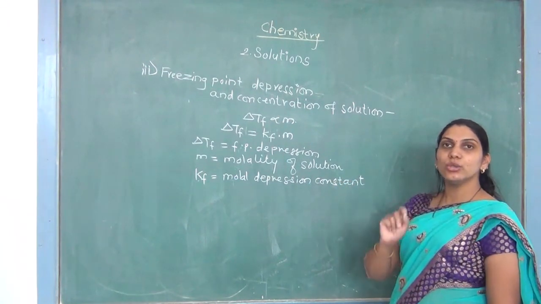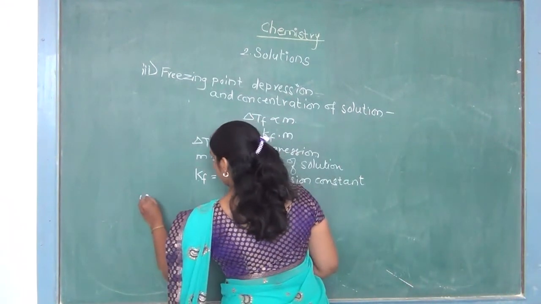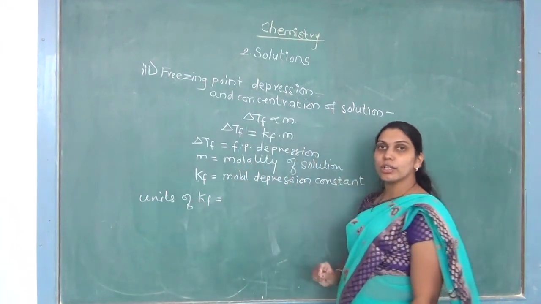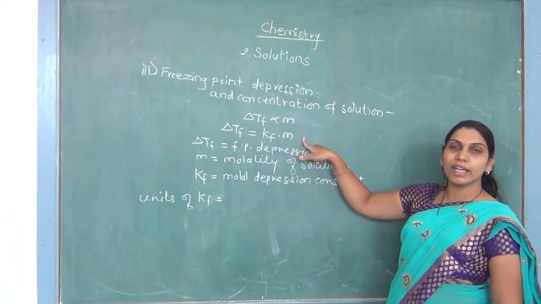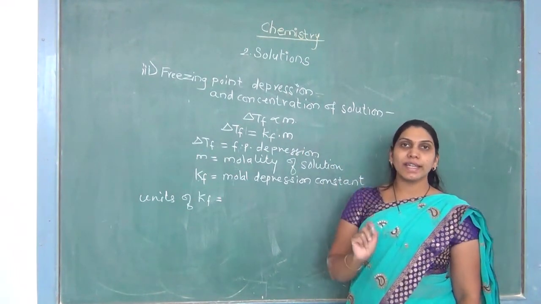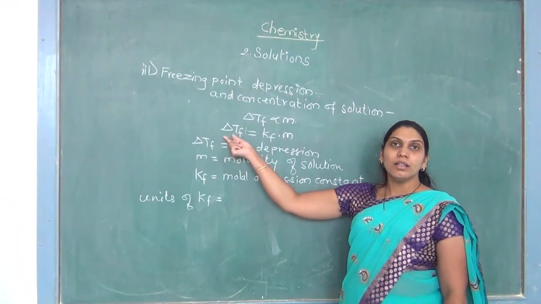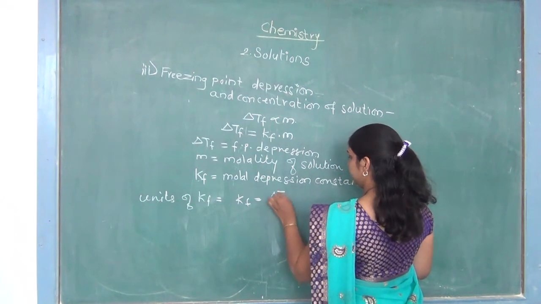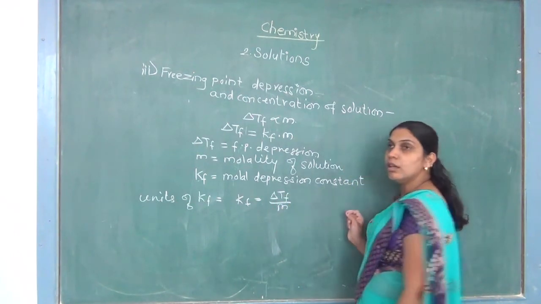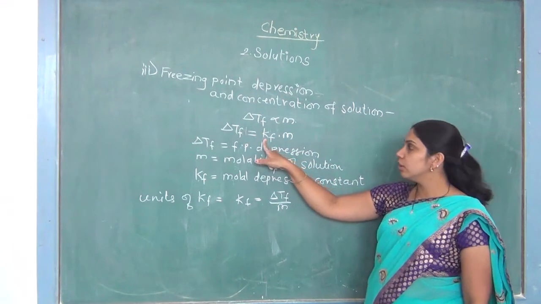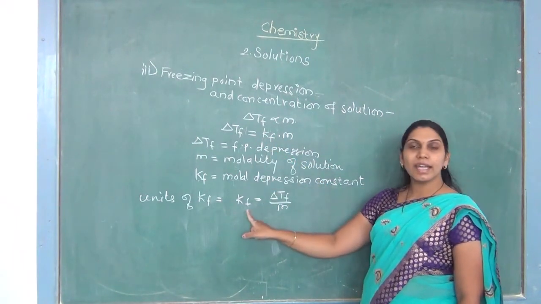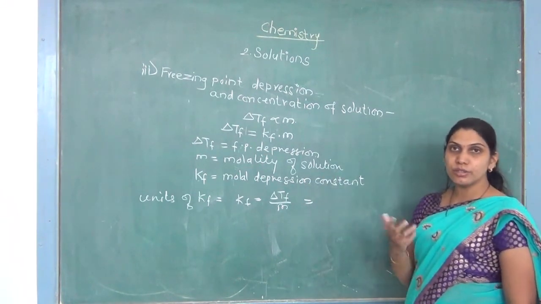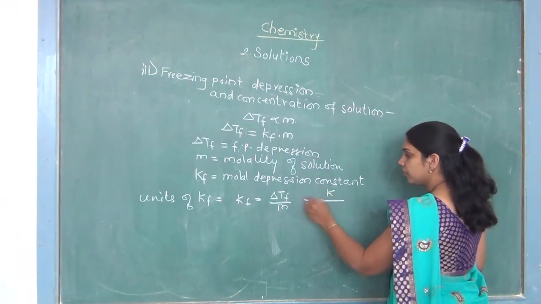We will see the units of Kf. According to the equation delta TF is equal to Kf into m, the value for Kf can be obtained by dividing delta TF by m. This equation is rearranged, so for Kf we get Kf is equal to delta TF upon m. Delta TF is freezing point depression, which is given in the units of Kelvin.